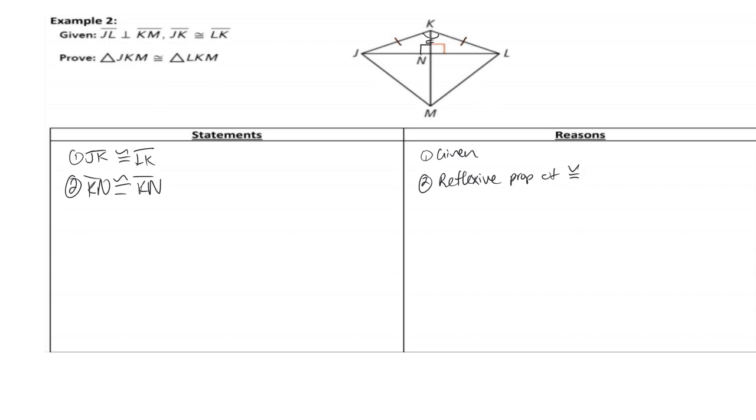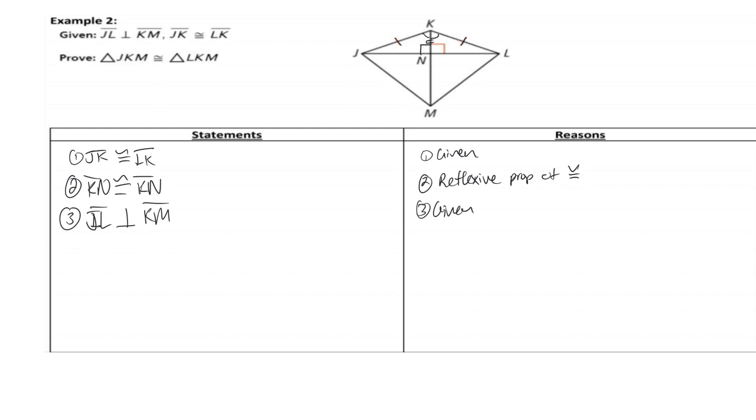We can also prove the right angles, because we're given that JL is a perpendicular bisector with KM, right?